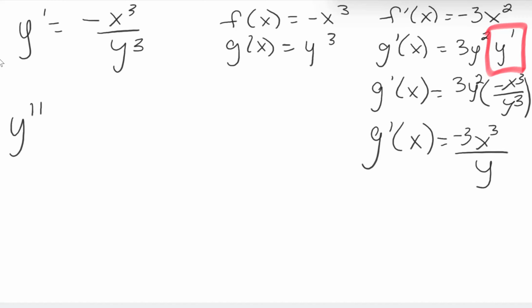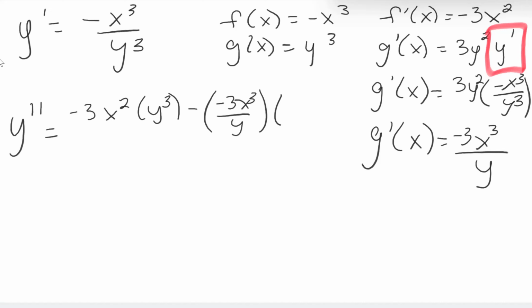So now we can do our quotient rule. So we've got derivative of the first, which is negative 3x squared, times the second, which is y to the third, minus derivative of the second, which is negative 3x to the third over y, times the first, which is negative x to the third, all over y to the sixth.